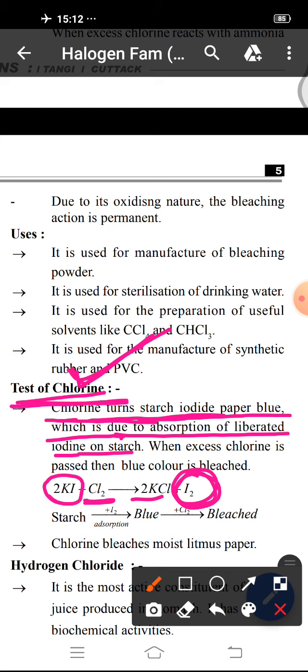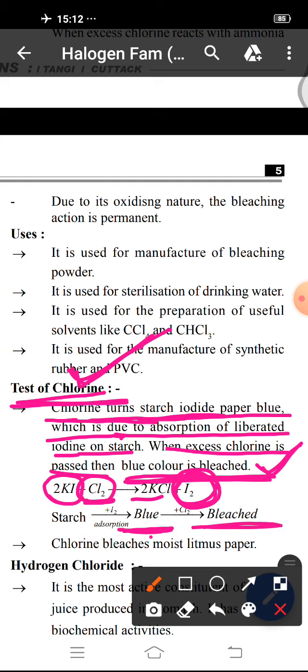When excess chlorine is passed onto this blue starch iodide paper, the blue color is bleached and becomes colorless. Why? Because chlorine has a bleaching property. So this is the test of chlorine.